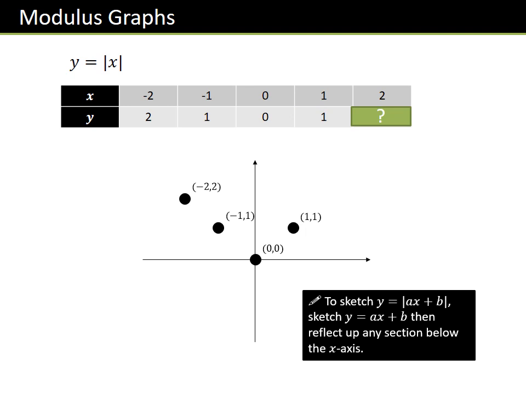When x is 1, it's still 1, and 2 gives 2. And if we notice, we've now got a V-shape to create the modulus graph. So when you had y equals x, you would have expected a line down here. And you should notice that your line has been reflected in the x-axis to go up into this quadrant here.